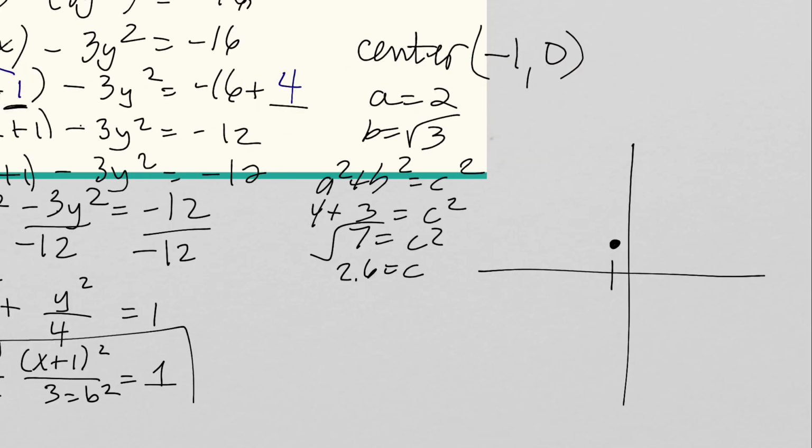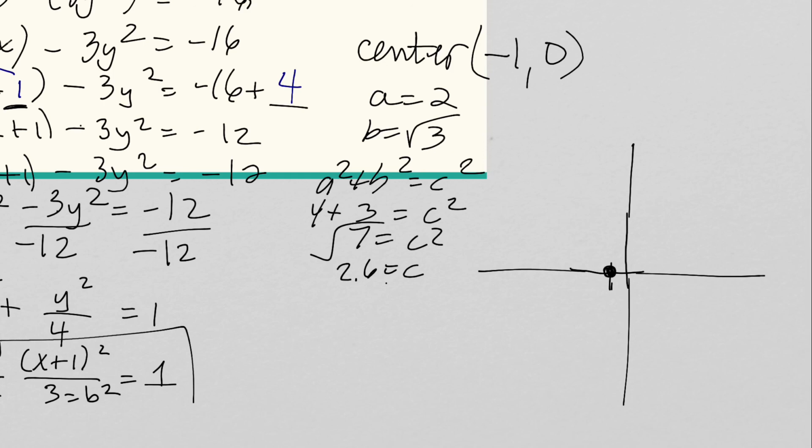So my center is negative 1, 0. Okay, since the y came first, I know that the transverse axis is the y-axis, so I'm going to be counting up and down.